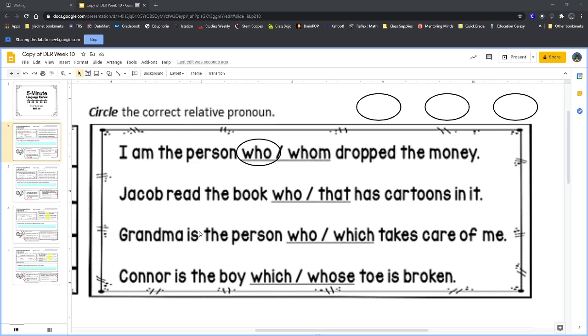The next sentence, Jacob read the book blank has cartoons in it. Jacob read the book who has cartoons in it? Or Jacob read the book that has cartoons in it. Bella, which one do you think? The first word or the second word?